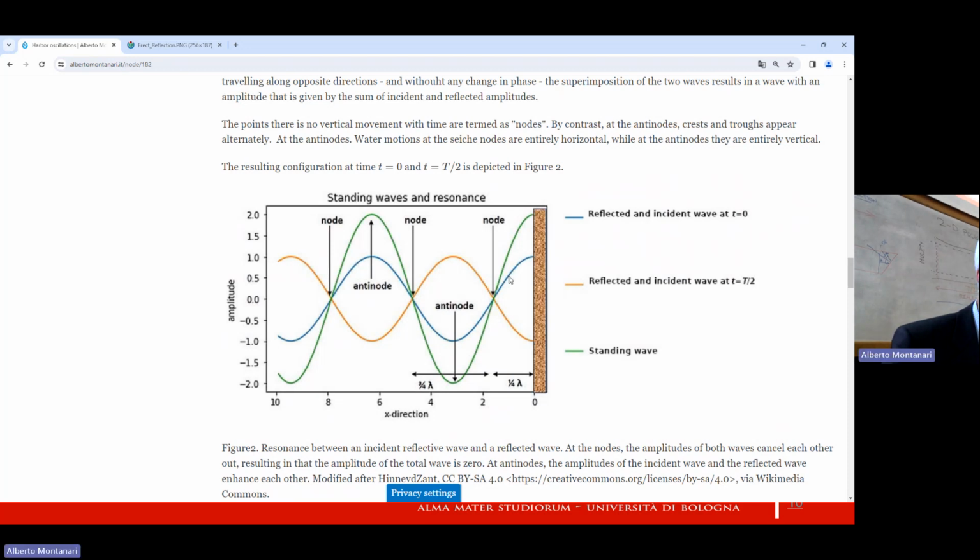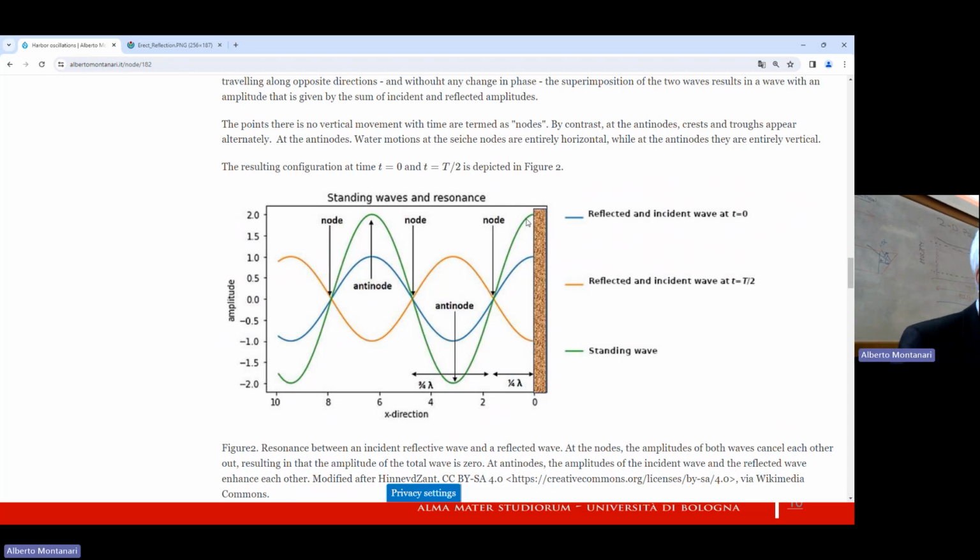If you look at this incident wave, it gets reflected crest to crest. So this is one crest, and this is the second crest, and the composition is the green one. And then after half of the period, you have the reflected and the incident waves that become the yellow wave.